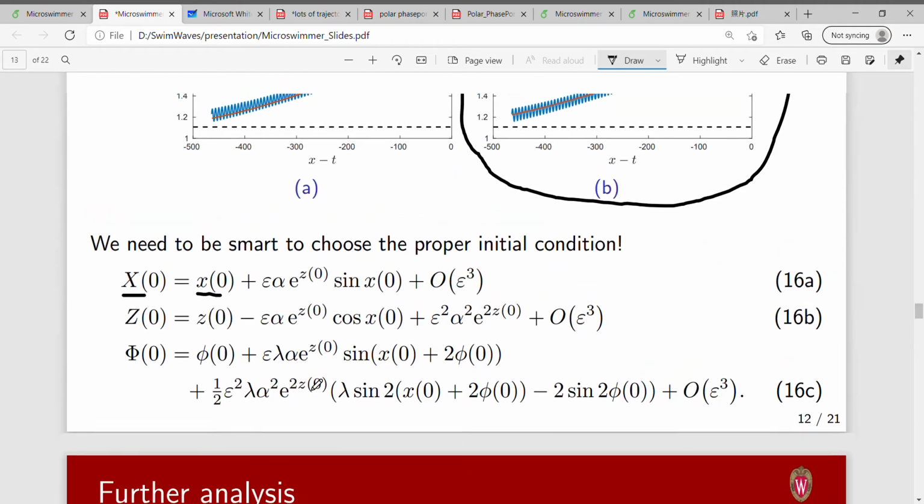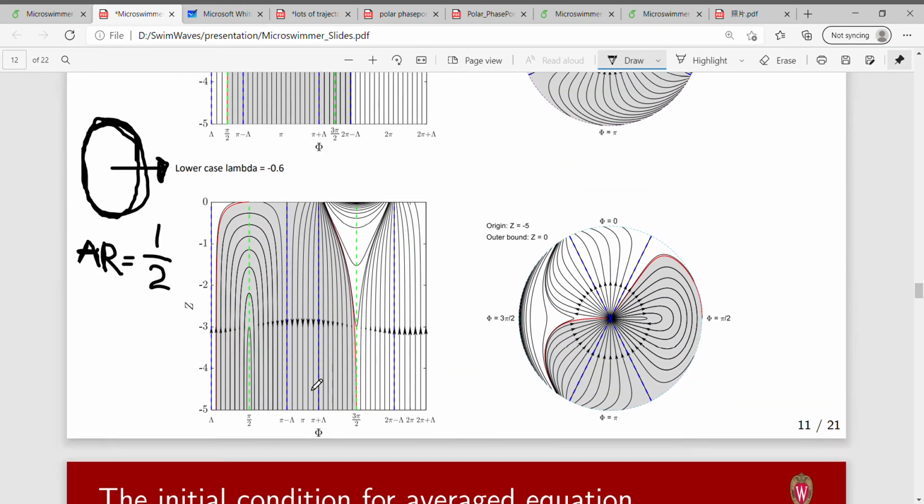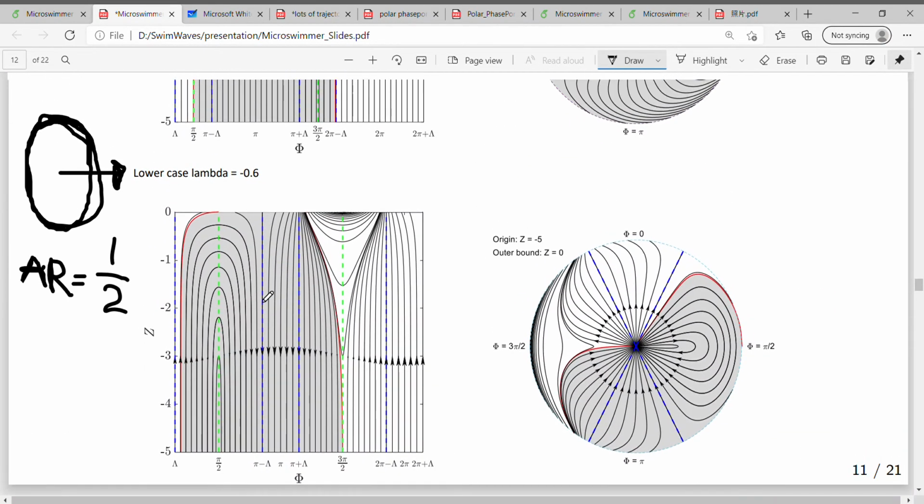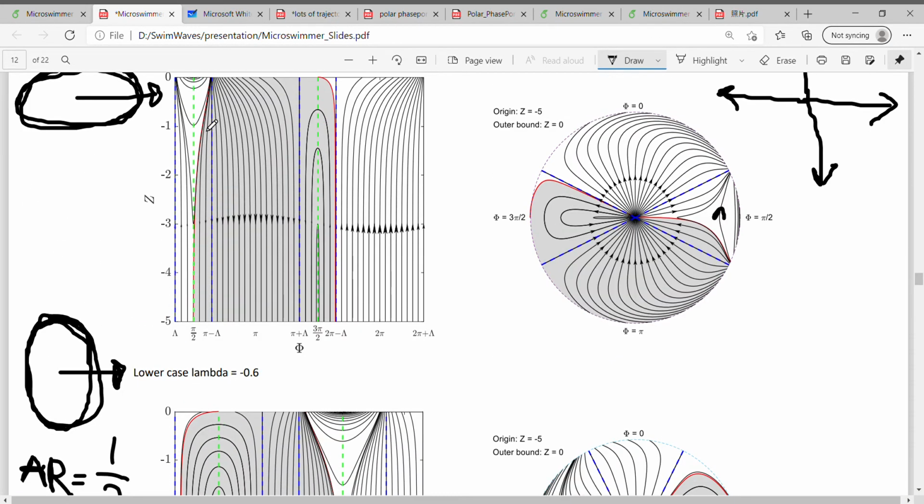Which means that, for example, you can see that I have some blue lines here, right? Which means the motion is confined within each blue boundary. The microswimmer cannot go from here to here, which means that if your orientation phi is within this region at the beginning, then you will stay in this region forever. It can never go through. Okay.